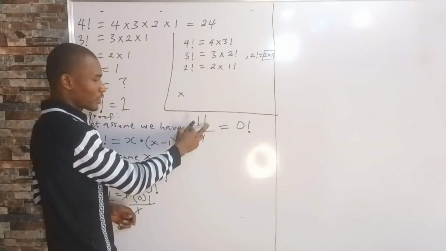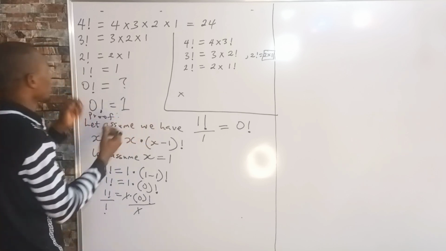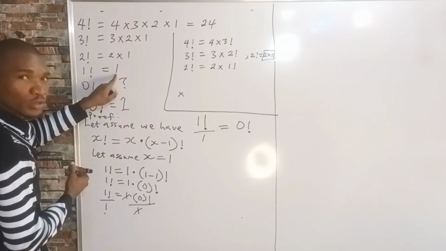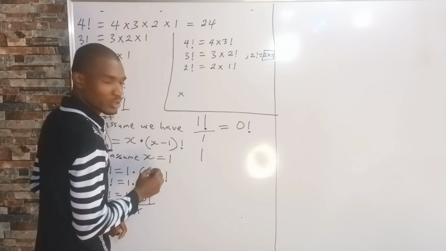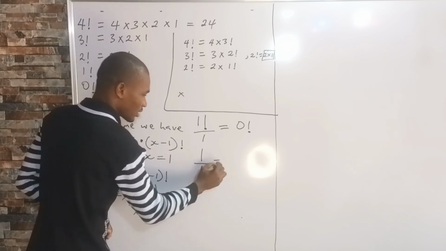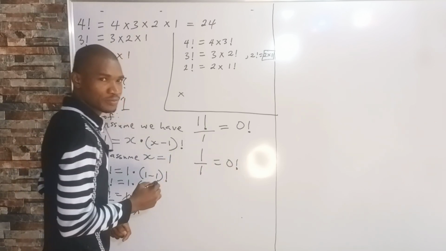Now, what is 1 factorial? 1 factorial, according to what we have here, is 1. So I will replace 1 factorial with 1. And that is 1 over 1, and that is equal to 0 factorial.